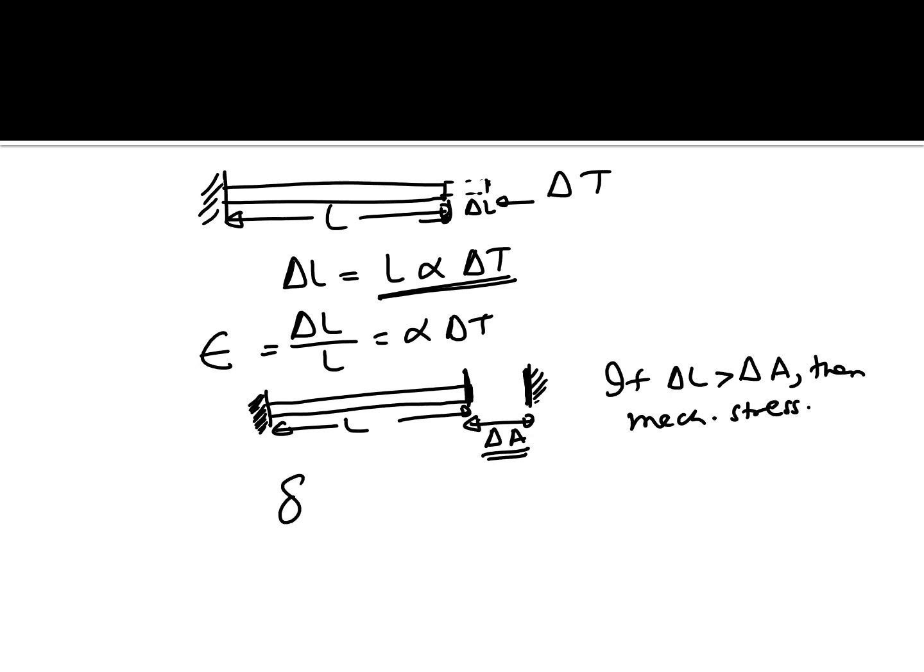What we mean by that is that the displacement, which is called mechanical displacement, will be whatever is the actual displacement taking place, which in this case is delta A, minus what would have been the displacement because of fully free expansion.